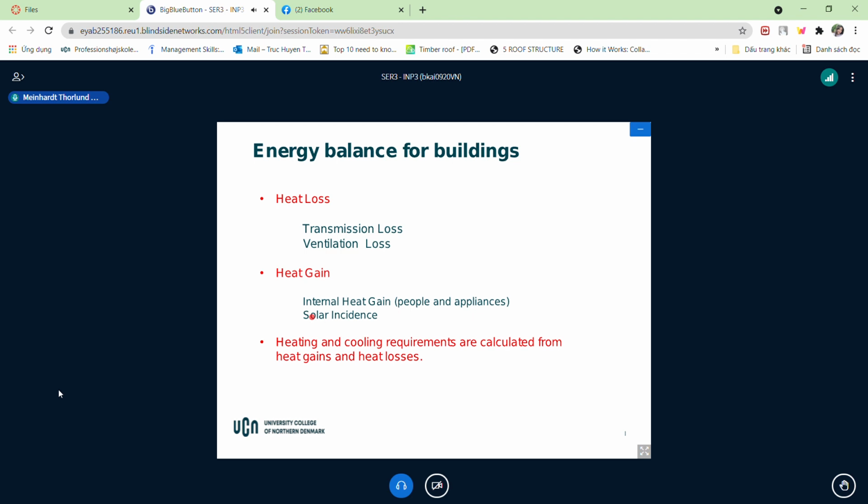Internal heat gain will be people and equipment, and solar incidence, basically radiation from the sun through the window. Heating and cooling requirements are calculated from heat gains and heat loss. So basically, you could have a wintertime with a lot of heat loss, but also some heat gain.